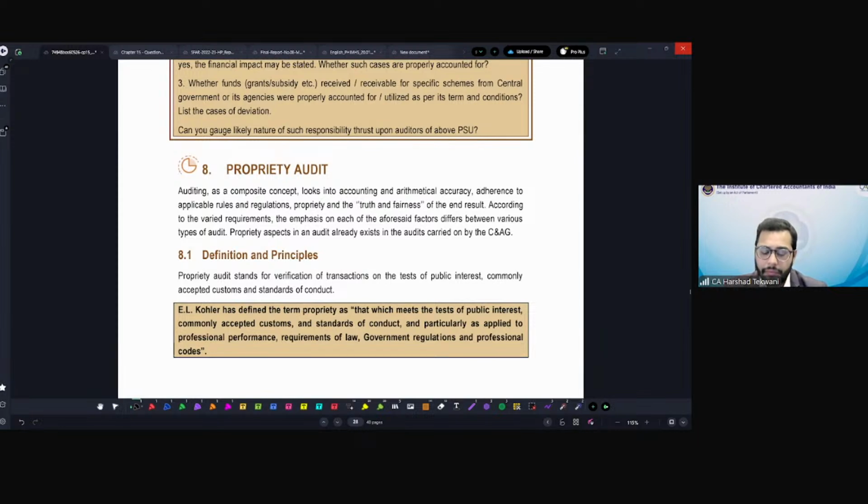The proprietary matters that are there under the Companies Act, that the auditor looks for in a normal audit. Anyone? No? Okay. Sir, yes.